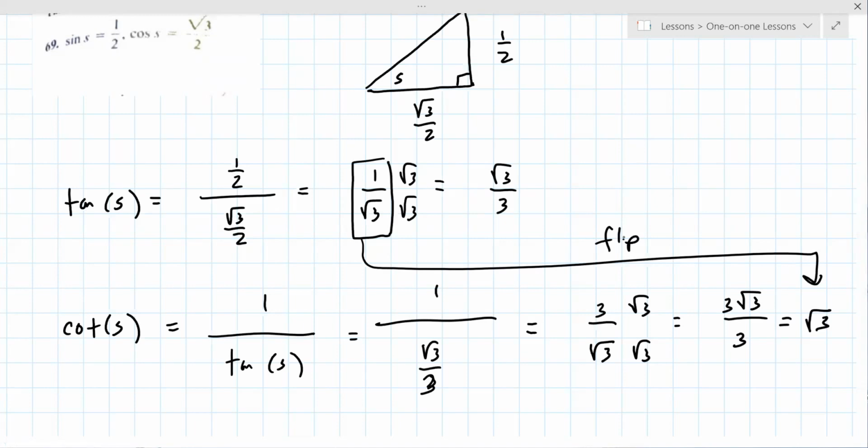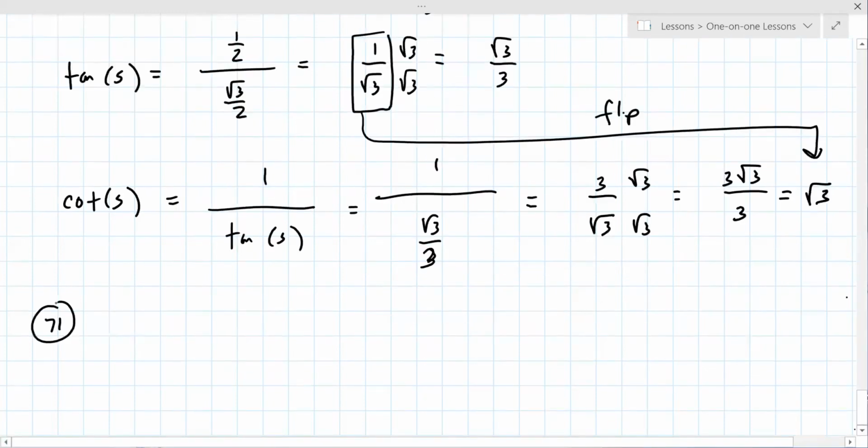All right. Next is number 71. Sine s equals 4/5.